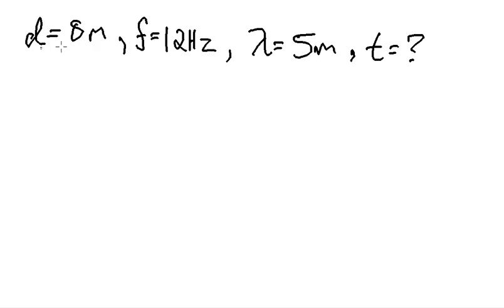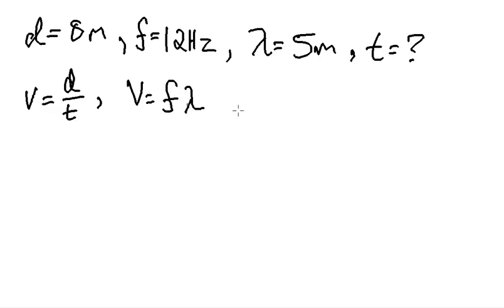So we don't have a formula that relates all four of these, but what we do have is two formulas for velocity. We know that the velocity of any moving object, as long as it has a constant speed, is the quotient of its distance and time. And we also know that the velocity of a wave is the product of its frequency and its wavelength.